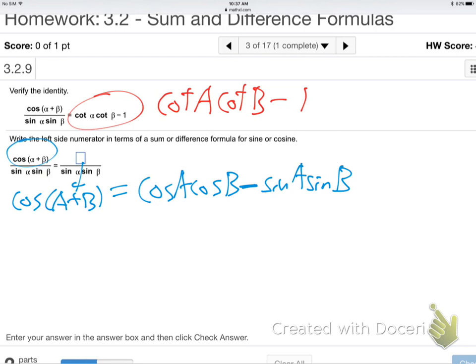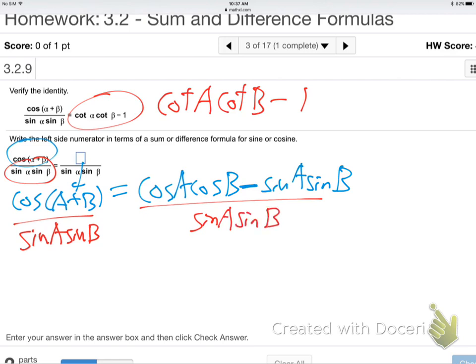How's that going to happen? Well, what's it over? It's over sine A sine B, right? That's the denominator. So it's over sine A sine B. Good so far? Now, how is that going to become that?